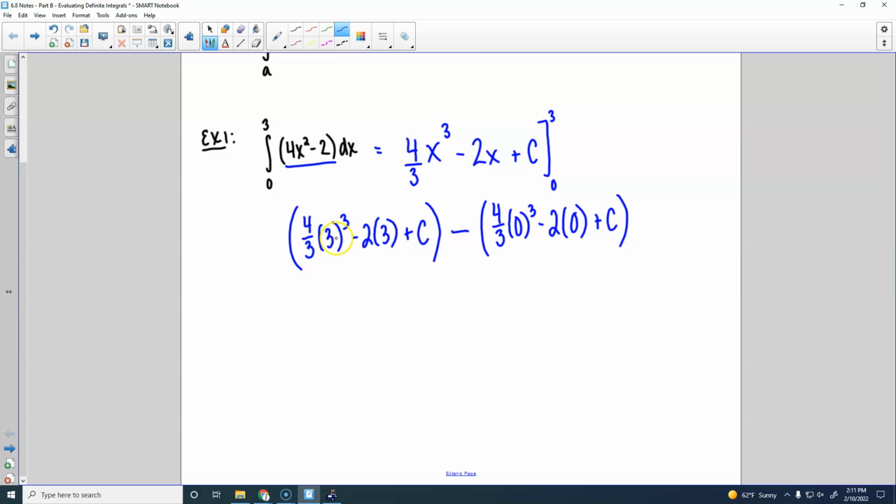So 4/3 times 3 to the third, that's going to be in the numerator. I could cancel one of these 3's, so it's going to be 4 times 9 minus 6 plus c. This is just going to be 0, and this is just going to be 0. I'm just going to get a minus c right here.